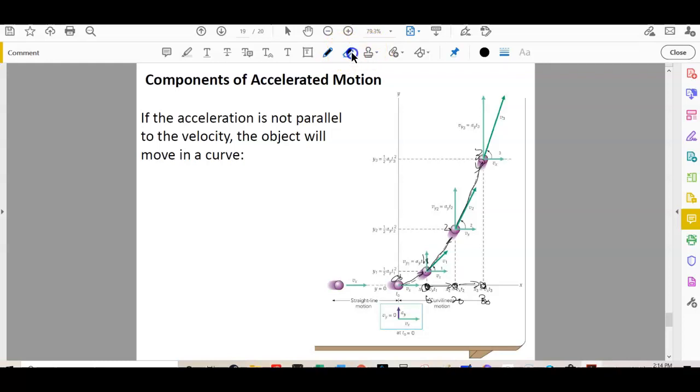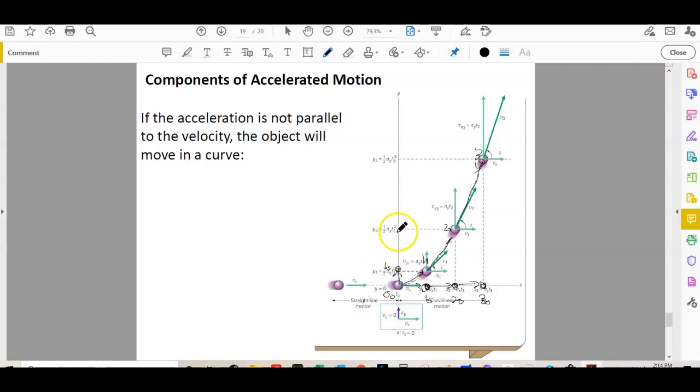Let me do something here. I'm going to remove this, and I'm going to put the 0 seconds right over here. So this is 0 seconds. Okay. And then from 0 seconds to 1 second, this is the 1 second mark.